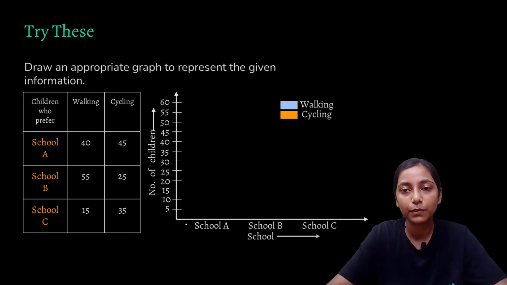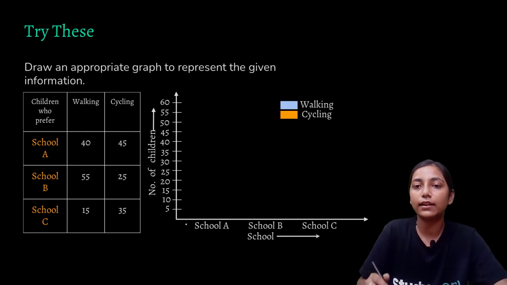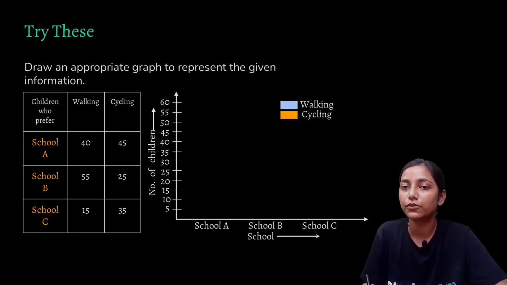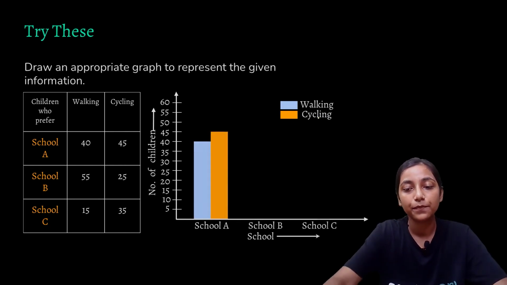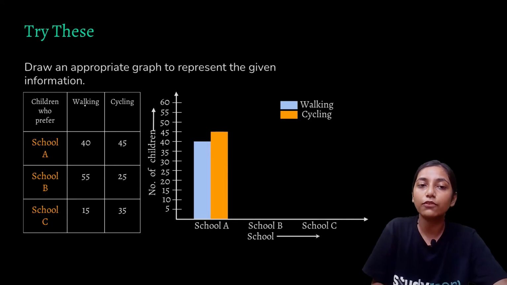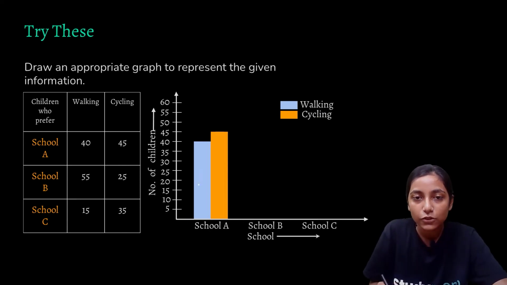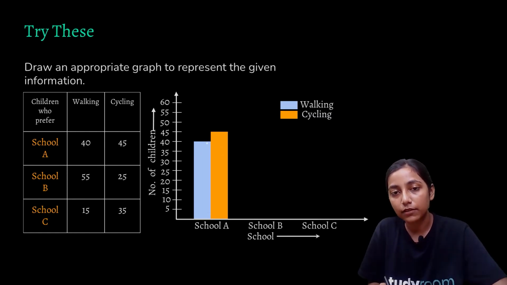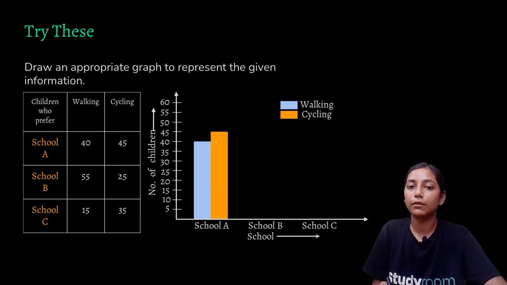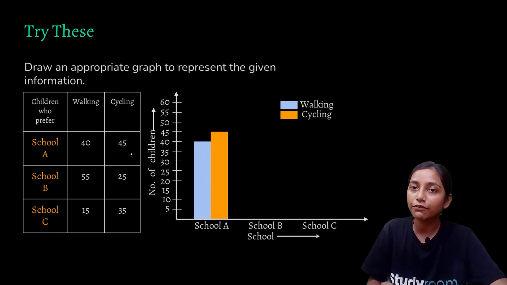Now how am I going to begin? I have already denoted that the blue color will define the number of students who prefer walking, while the orange color will define the number of students who prefer cycling. Let's begin. For school A, you can see 40 for walking, 45 for cycling. So where is the value 40? 40 is here. So for the blue color, I'll correspond its value to this number 40. While in school A, for the number of students who prefer cycling, the height will increase a little bit till 45.